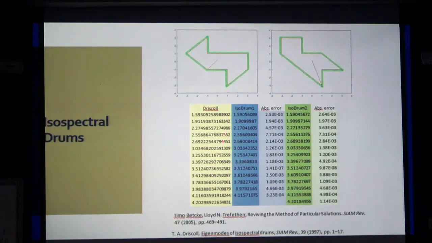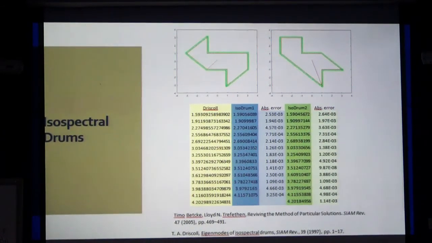So here I write down the list of known eigenvalues for these geometries, these domains, and for each of these isospectral drums, we computed using our method, and we could see that it is possible for us to find the same eigenvalues with an error of 10 to the minus 3.